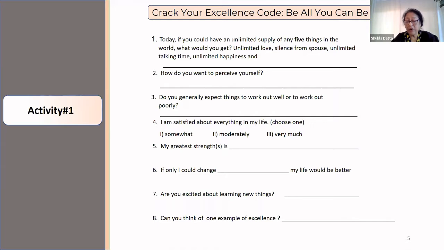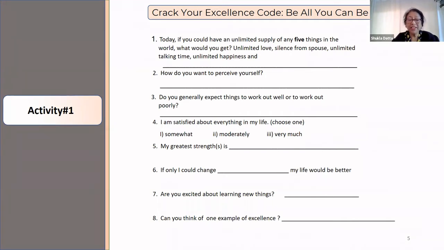Most of you said well, 20% said both, and 10% said poorly. Question number 4, I am satisfied about everything in my life, and you have to choose one. 60% chose moderately, 30% very much, and 10% somewhat.